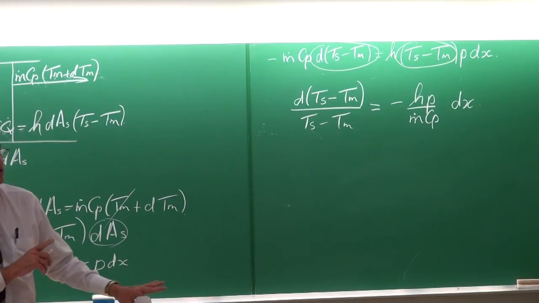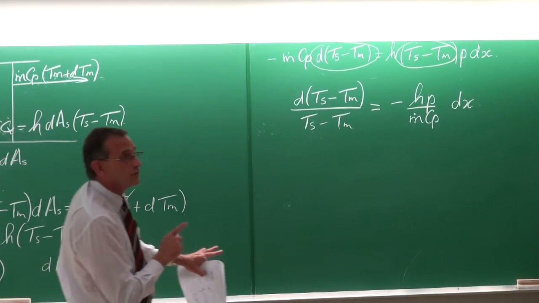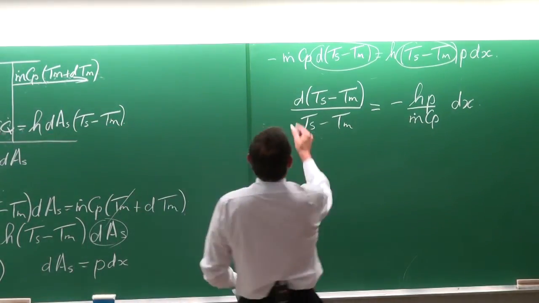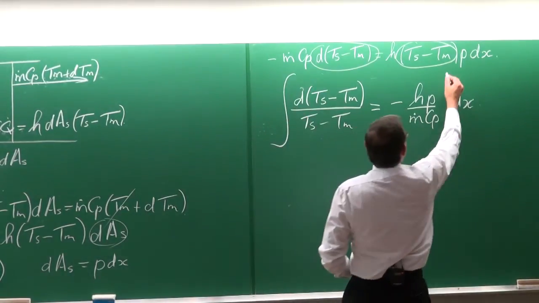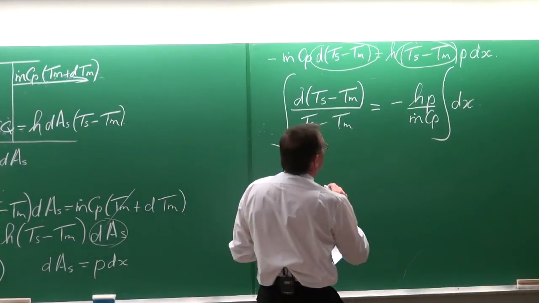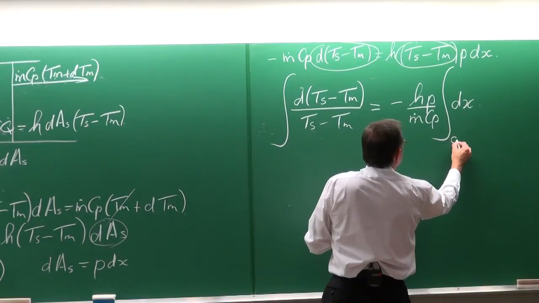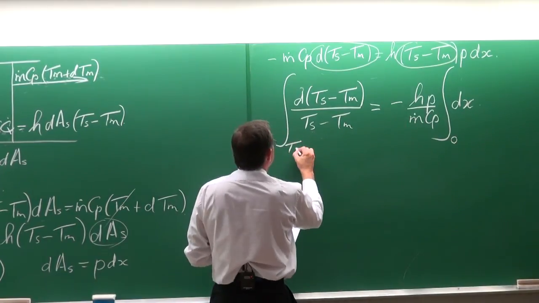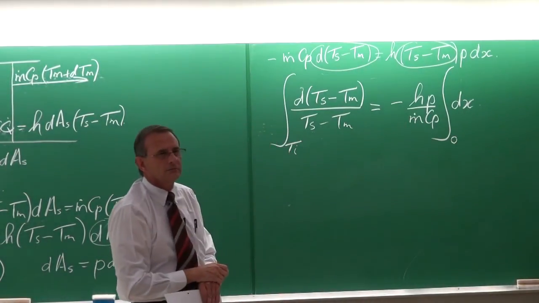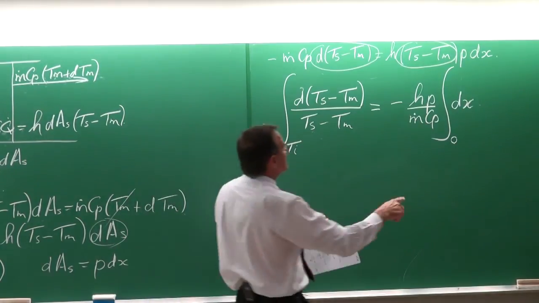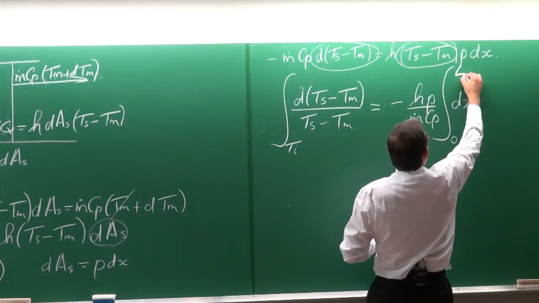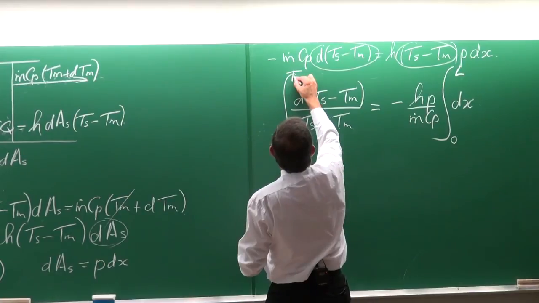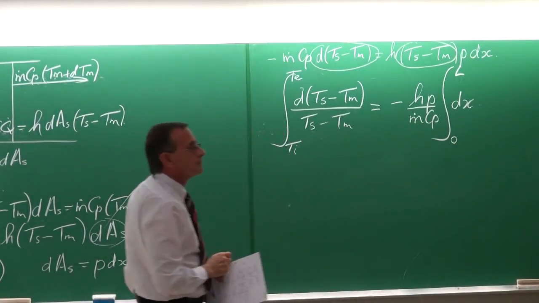And now we can do the integration of that equation. You see? Let's do the integration from x equals 0, where the temperature would be Ti. When x is equal to L, the temperature would be Te, the outlet temperature.